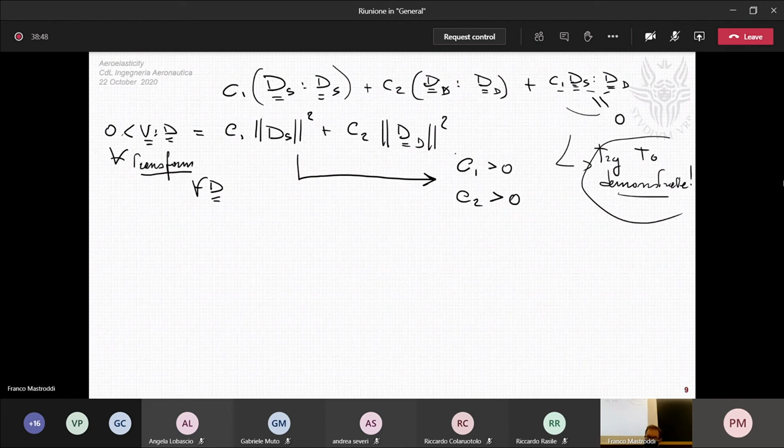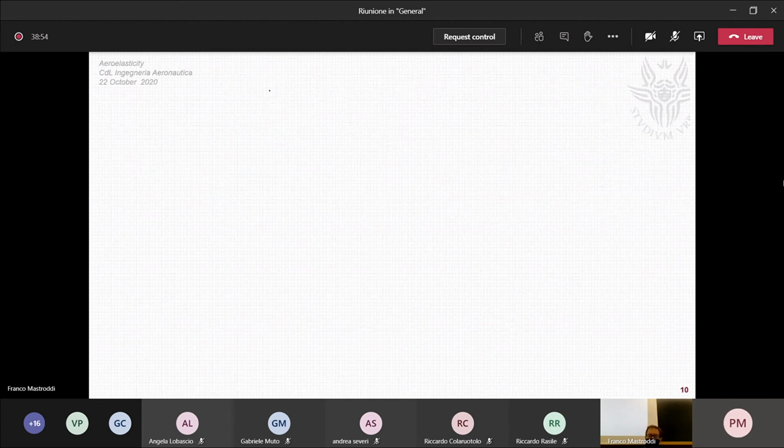Okay, I finished this part, and now I want to talk about a new chapter, unsteady potential flow, incompressible potential flow.